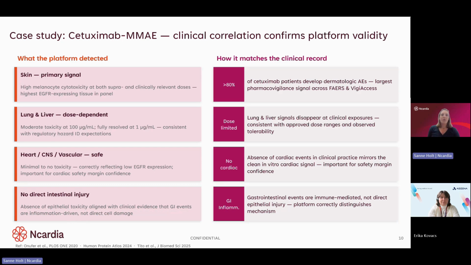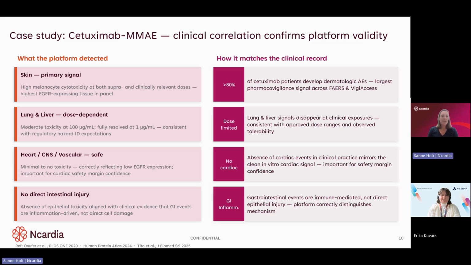So if we link that to the clinic, how do our results and our platform with this molecule relate to what's reported? And what we see is that skin, where we had our primary signal and high expression of EGFR combined with high toxicity at low doses, we see that actually over 80% of patients that received cetuximab also developed skin-related adverse events.